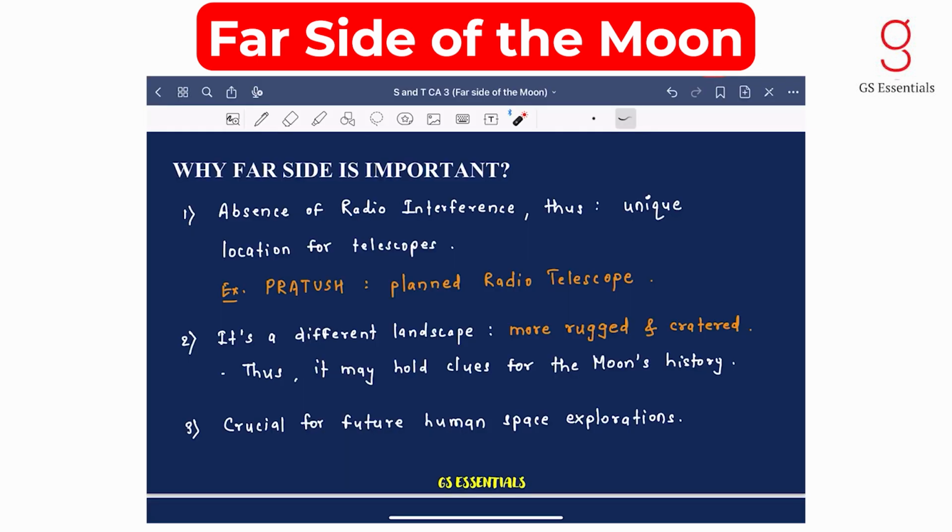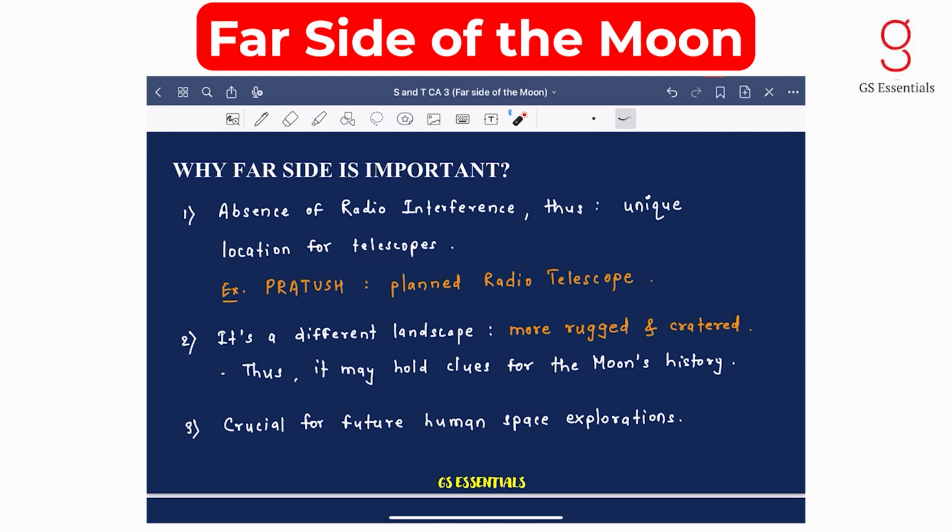Now let us try to understand the importance of the far side. At the far side, there is an absence of radio interference. As it is always away from Earth, it is free from the radio interference that may be coming from Earth. As a result, it is one of the unique places for putting telescopes.